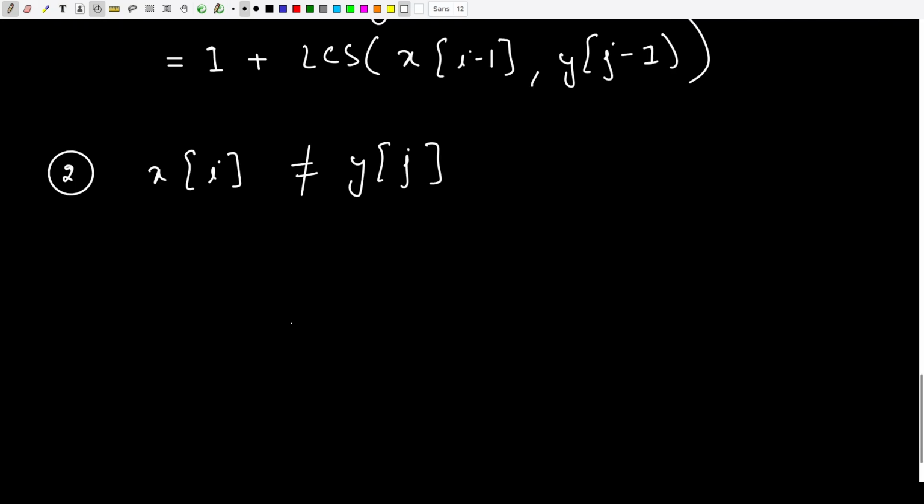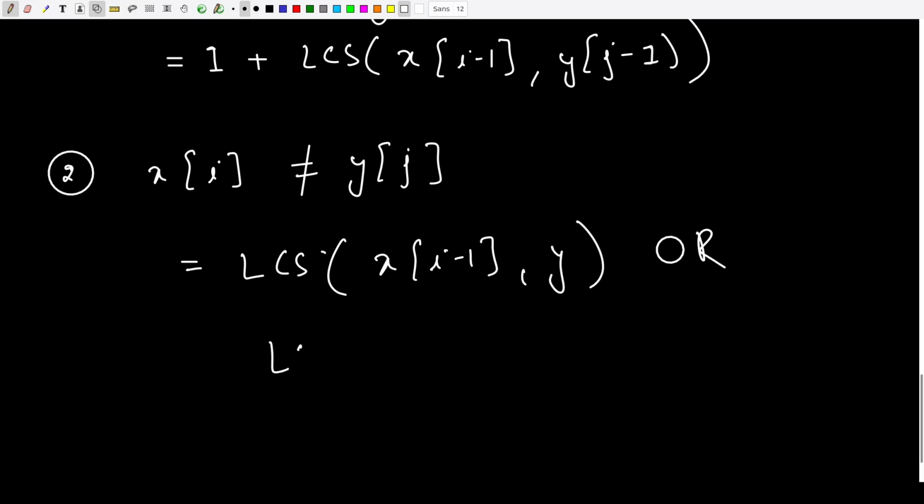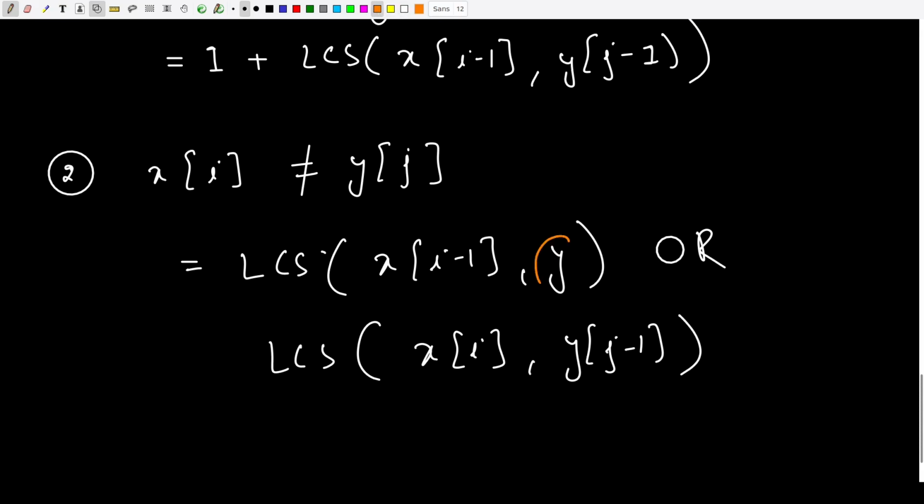In the second case, when they are not equal, the new LCS will be the LCS of x[i-1] and y, or the LCS of x and y[j-1]. In the first, I am taking all the characters from y and i minus 1 characters from x, and computing the LCS there.